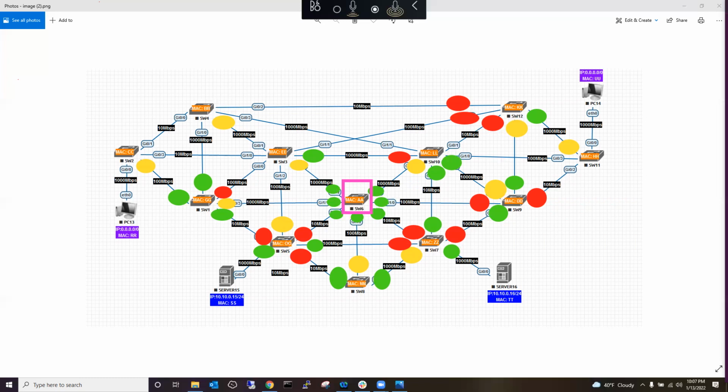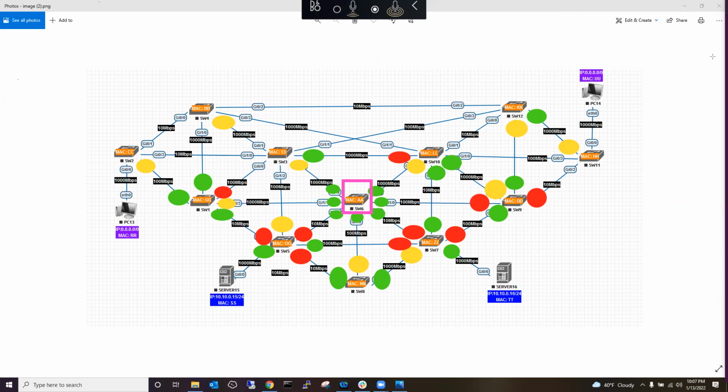The first blocking and then designated ports are based on the cost to the root bridge. So after you get the path cost, let me use the example between switch 3 and switch 12 right now.